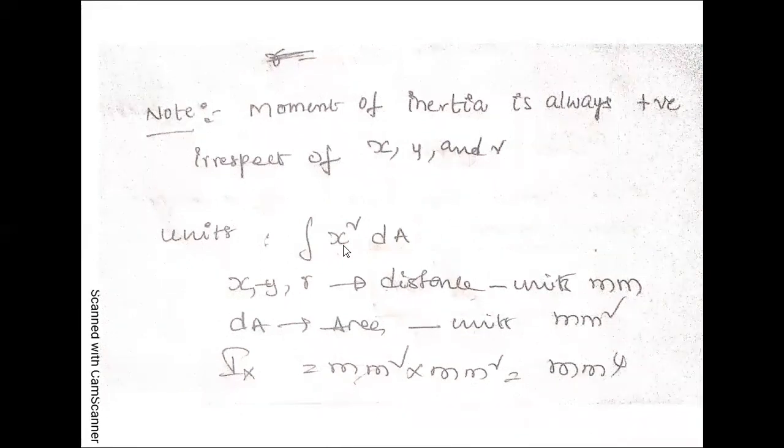So x, y, and r are distances, with units of mm, and area units are mm square. So mm square into mm square, mm to the power 4, are the units for moment of inertia.